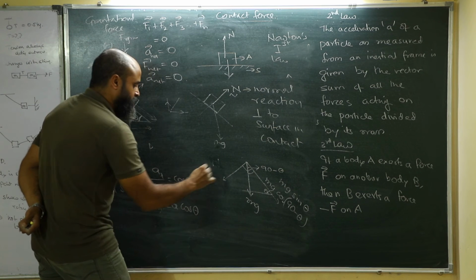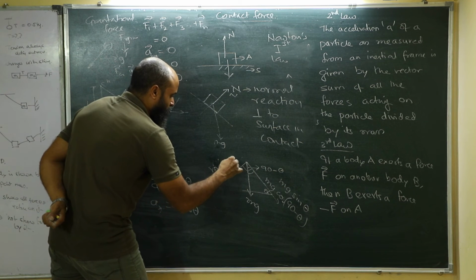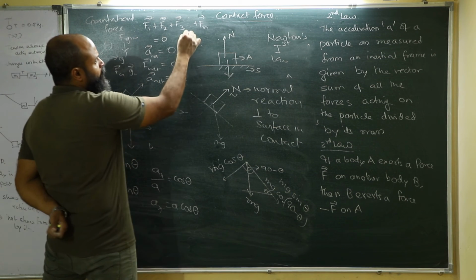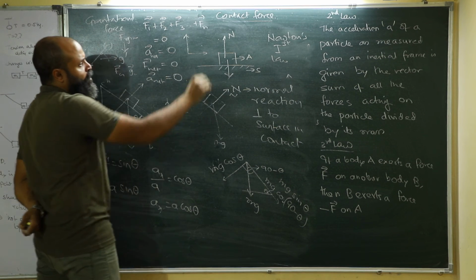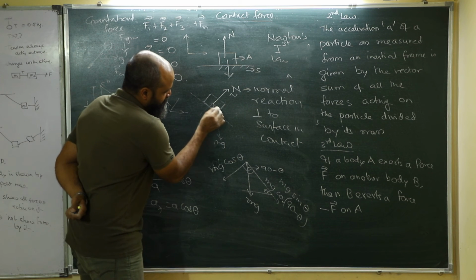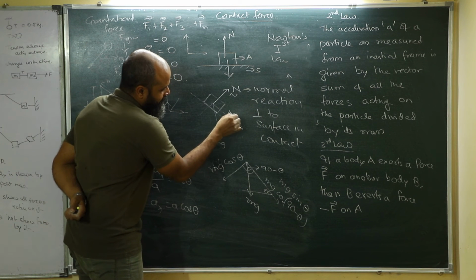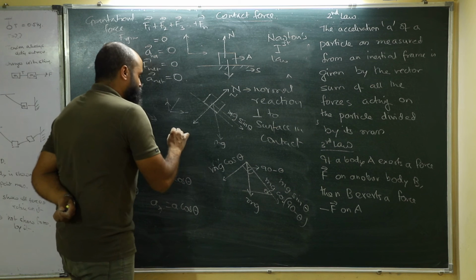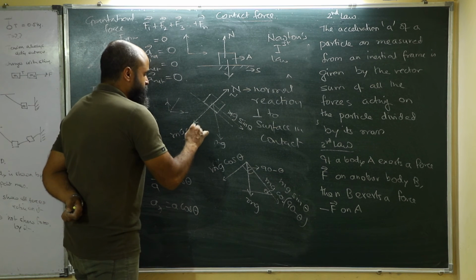So what do we have here? This will be mg, and automatically this becomes cos theta. So one component will always be in sin theta and the other component will always be in cos theta. In this case, since it is mg, this component is going to be mg sin theta and this component is going to be mg cos theta.